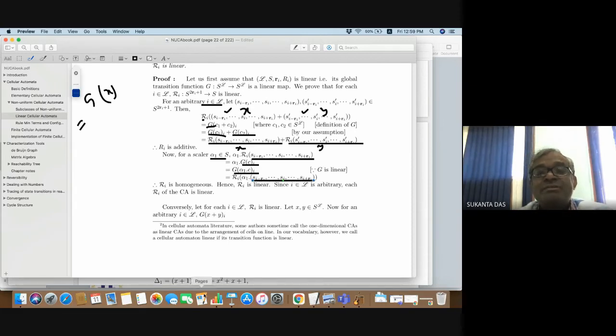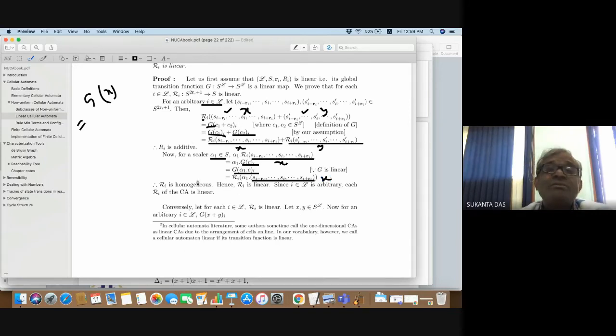So alpha times Ri of x is equal to Ri of alpha x.